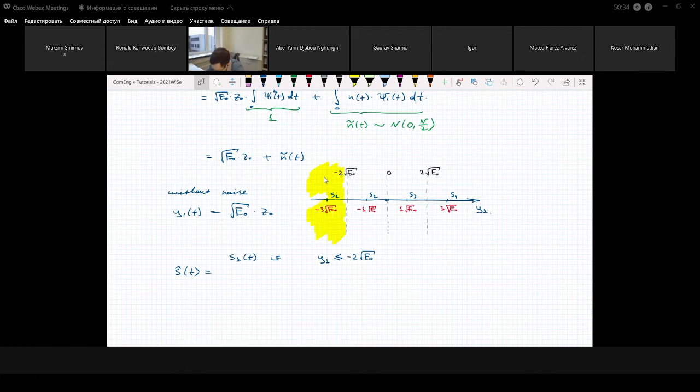For all amplitudes that are smaller than the threshold, we say that they belong to signal S1.